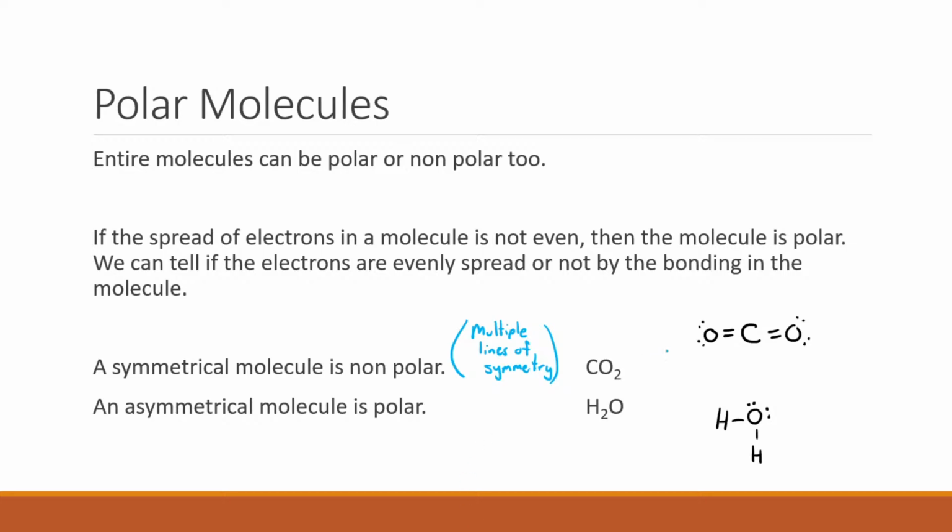And an example of that is carbon dioxide. Carbon dioxide has two lines of symmetry that we can draw. We can draw this vertical line of symmetry and this horizontal line of symmetry through the molecule.